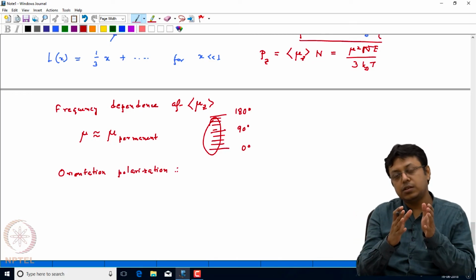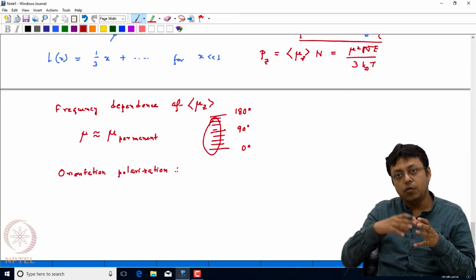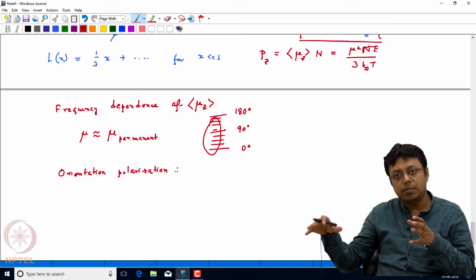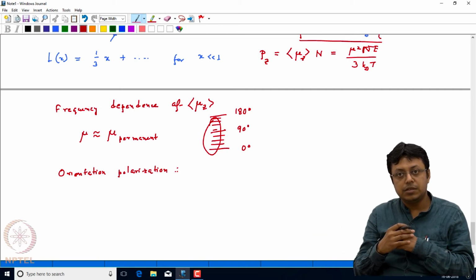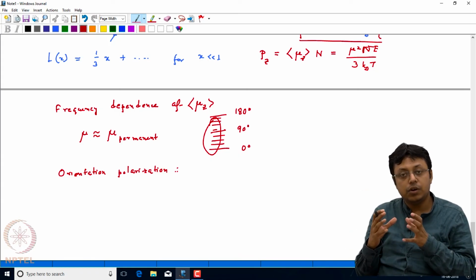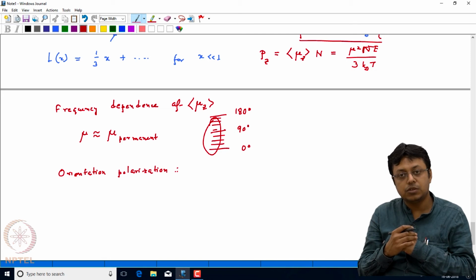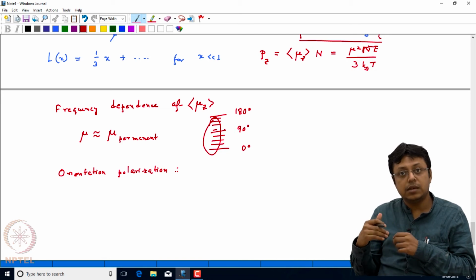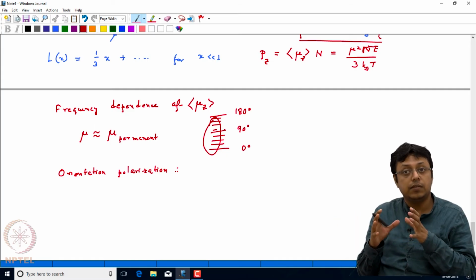Basically, if I switch the electric field frequency from very low frequency to approaching the microwave region, with very fast switching of the electric field, then the contribution of the orientation polarization to the total observed macroscopic polarization will be 0 as I go to higher electric field frequency. Remember that I am talking about the electric field frequency, not the electric field strength.